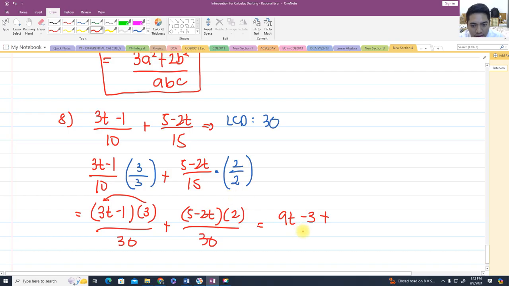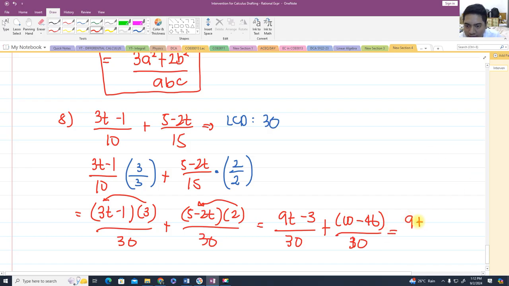Plus, this is 30, they have the same denominators, so plus 2 times 5, that is 10 minus 4t all over 30.